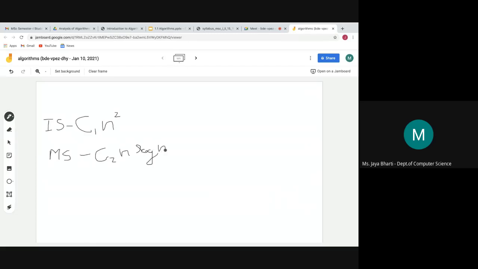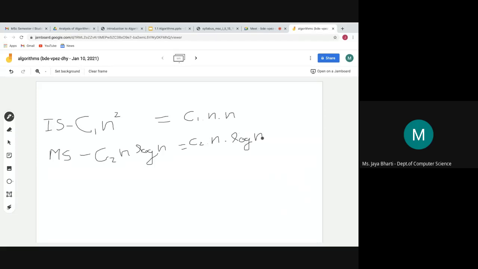Okay, so we can write it as C1 dot n dot n, and we can write it as C2 dot n dot log n.